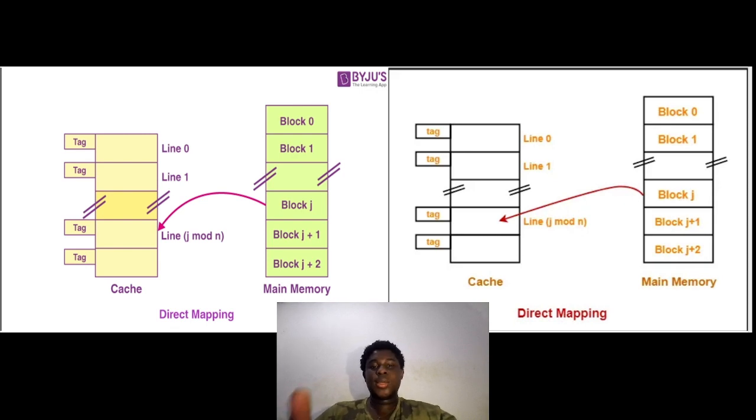It's a block to a block, one specific block, not any block. Right now we have block 0, block 1, then the set associative, which is why we have the double lines at that block. Then we have block J, block J plus 1, block J plus 2. That's the main memory, and that's the key.